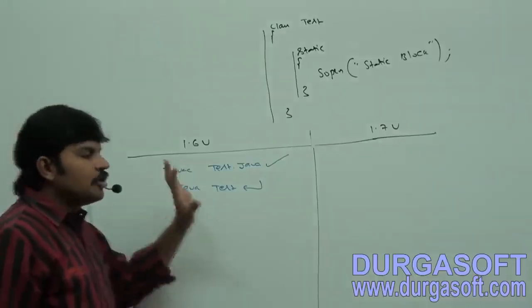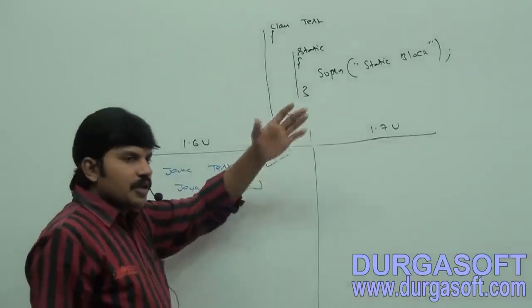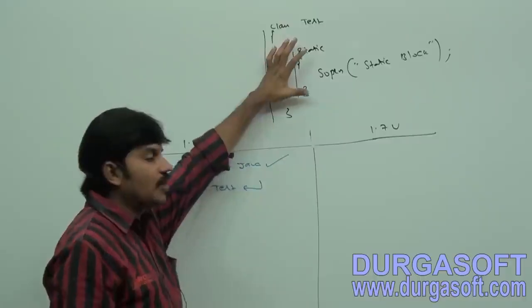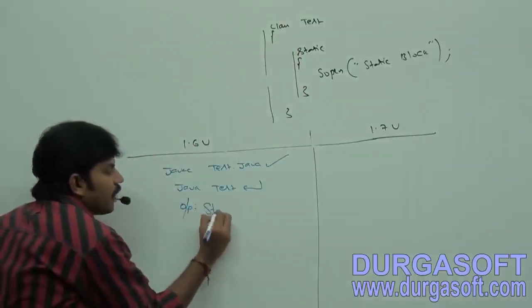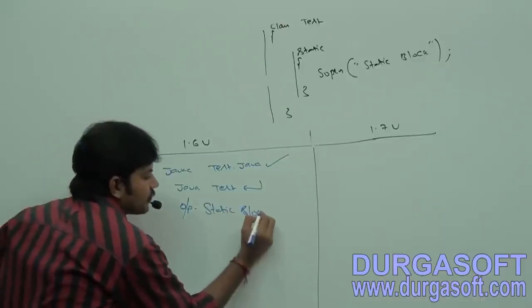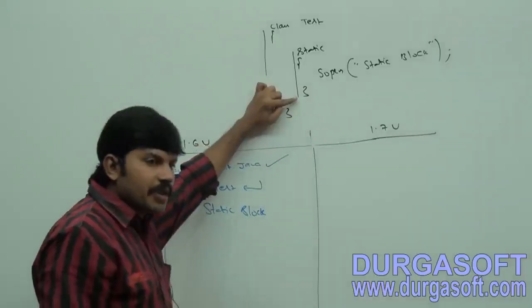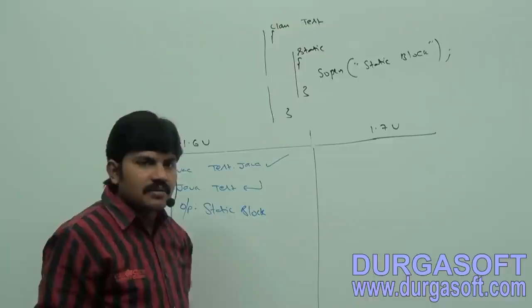Here, see: first identification of static members, execution of static variable assignments and static blocks. What is the output we are going to get? The static block will be executed, and then the main method executes. But is the main method there or not? Not there.